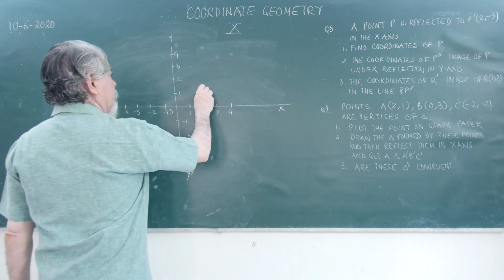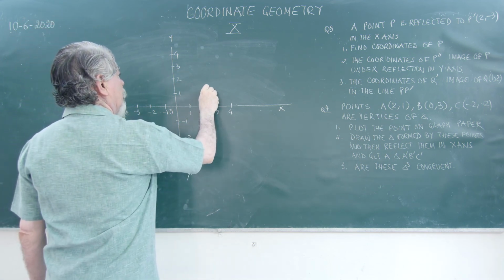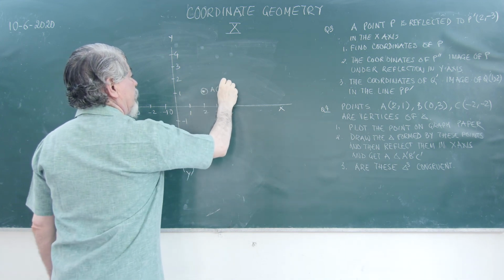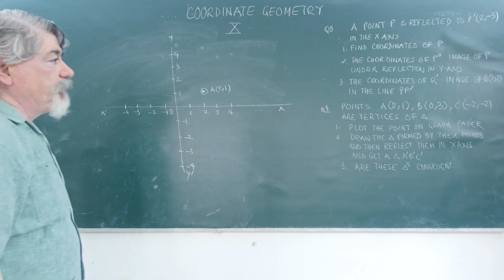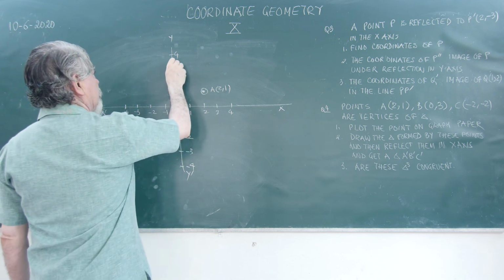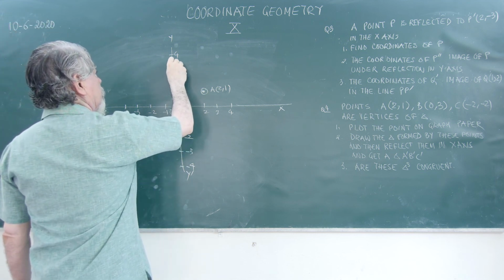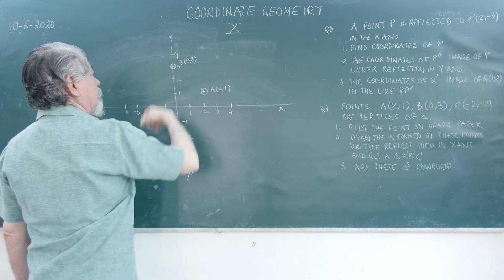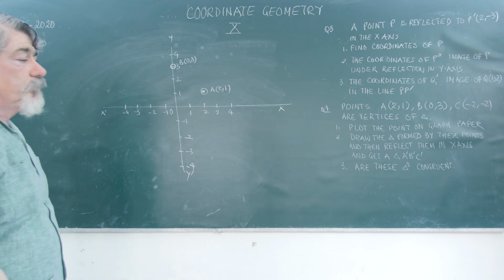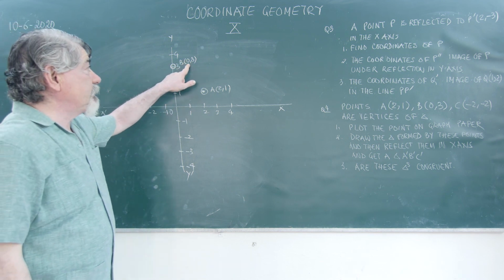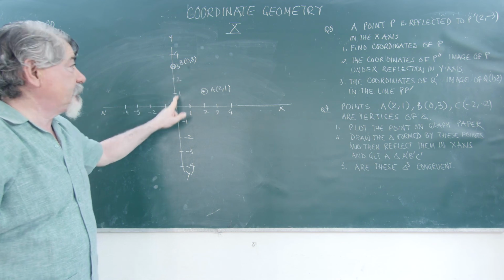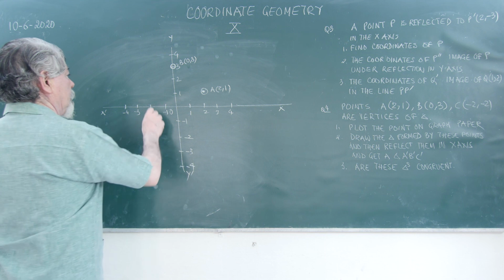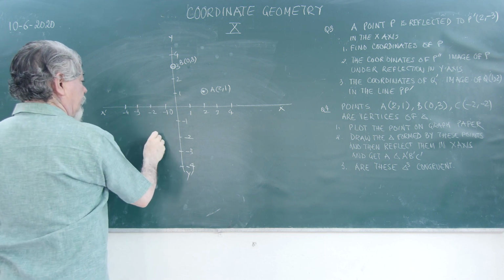This point is A (2, 1). Then B (0, 3). The x coordinate is 0, so it is on the Y axis. And C (-2, -2).